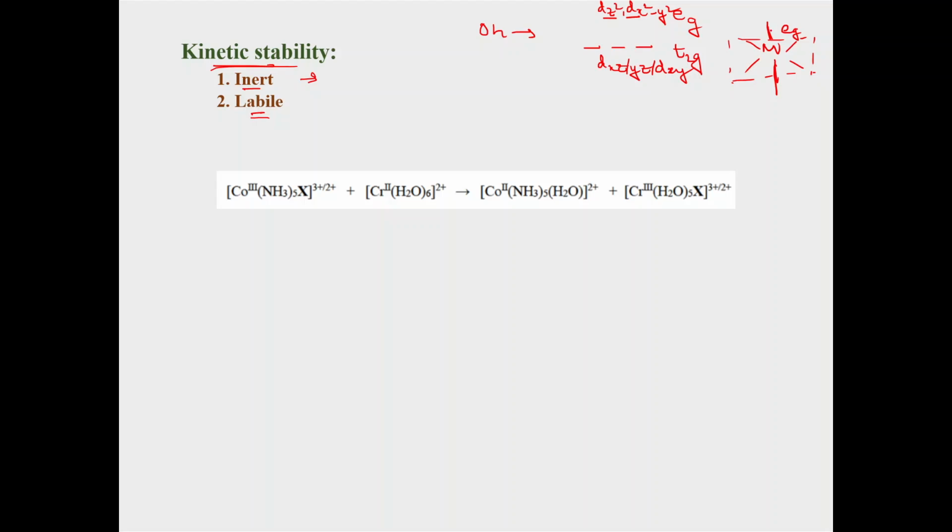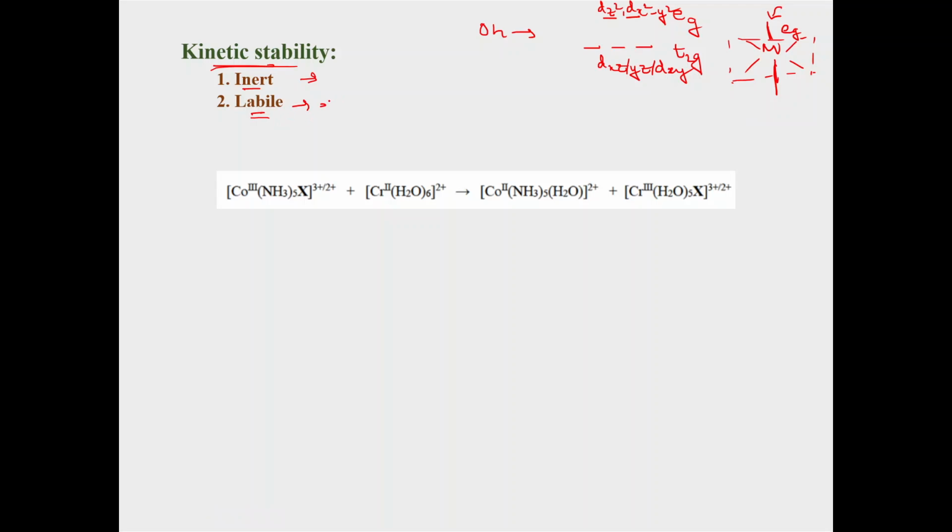Okay, so whenever there is an electron present in the eg orbital of the metal, repulsion will take place because ligands approach from this side, and because of that, whenever there is an electron present in the eg orbital, that complex is labile in nature.